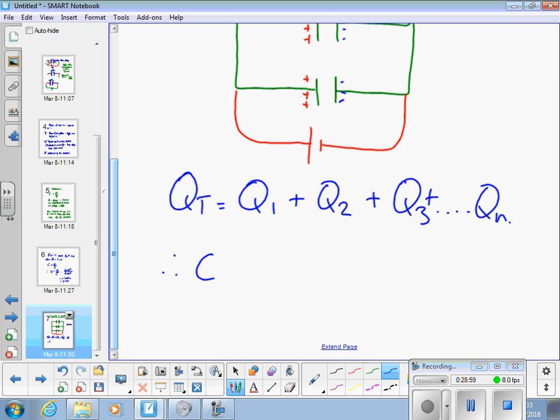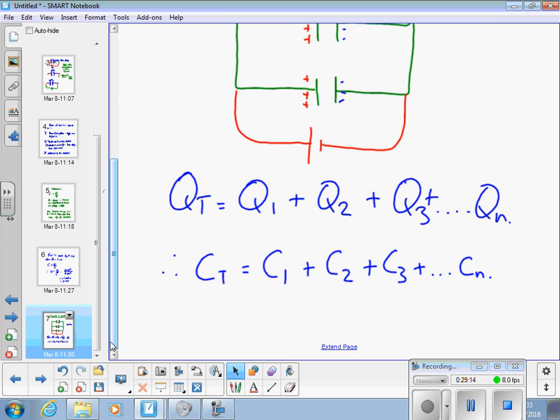Therefore, CT must be equal to C1 plus C2 plus C3 plus Cn. So parallel capacitors are like series resistors. We add their values together to make an equivalent value.